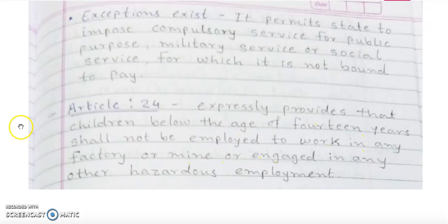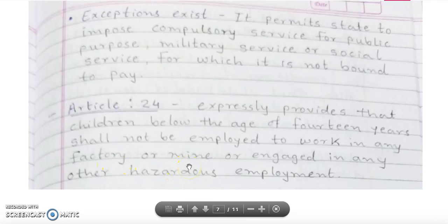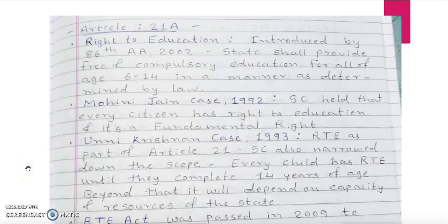Article 24 of the Indian Constitution prohibits employing children below 14 years of age. You are not supposed to hire any child below 14 in hazardous work, mines or factories. It is officially a crime.